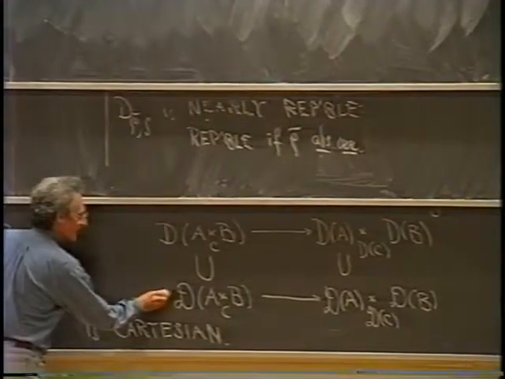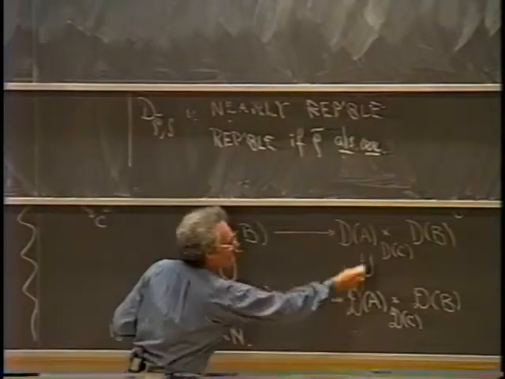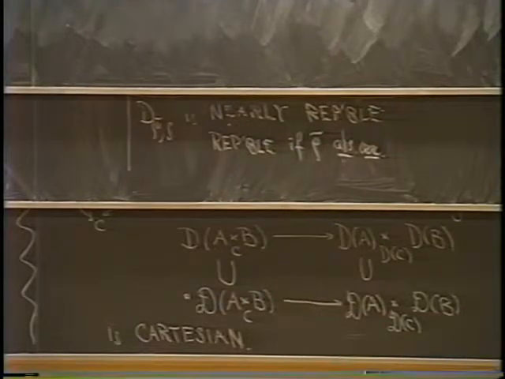To give an element here, it suffices to give an element here and an element here, which map to the same element there. Okay.